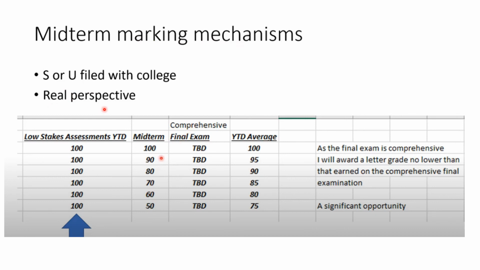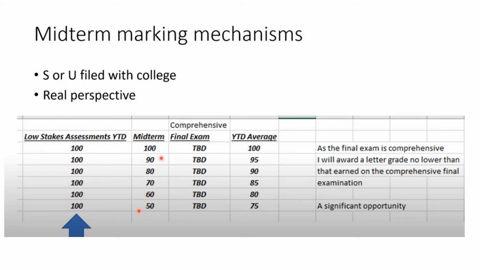Now, the real perspective about where you are is I'm being very generous with everybody in a column that I am putting into Blackboard called Low Stakes Assessments Year to Date. Haven't put this in yet, but I will, and I will grant everybody 100 because in the past my calculus students could use a good score. So this is a good score. Then you'll get your score on the midterm.